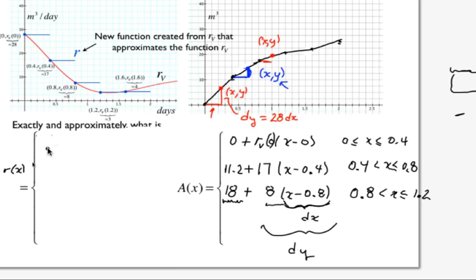That was rv of 0 from 0 to 0.4, and it was rv of 0.4 for this whole interval.